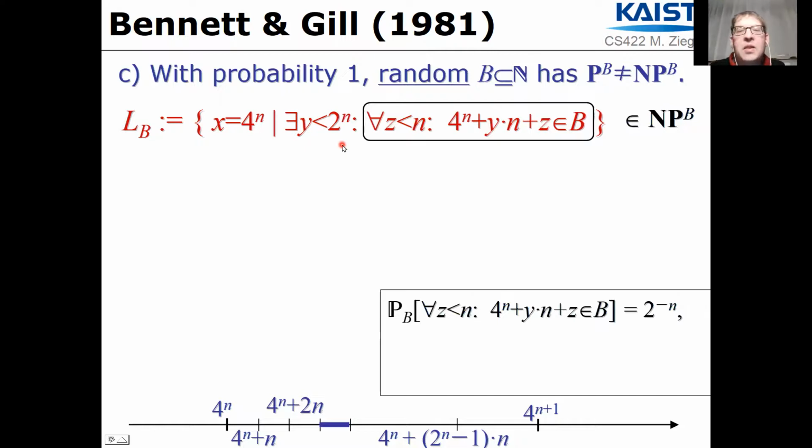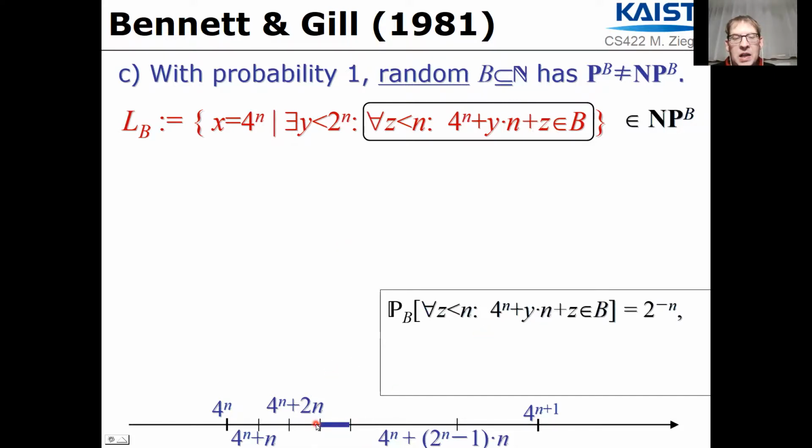And what I want to calculate now is, since we have a random oracle, what is the probability for this condition in the box to be true? The first simple observation is that this is a very small probability, right? Remember, our random process picks and inserts a natural number into the random oracle with probability 50-50.